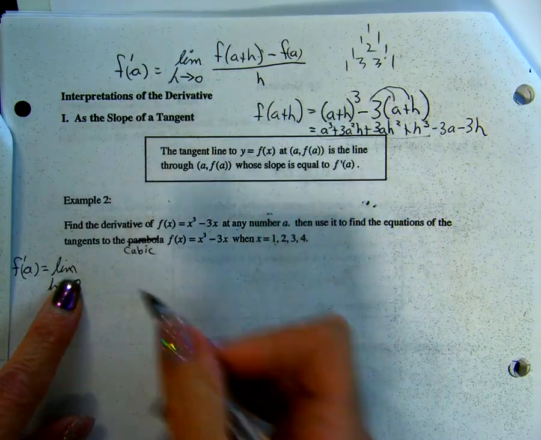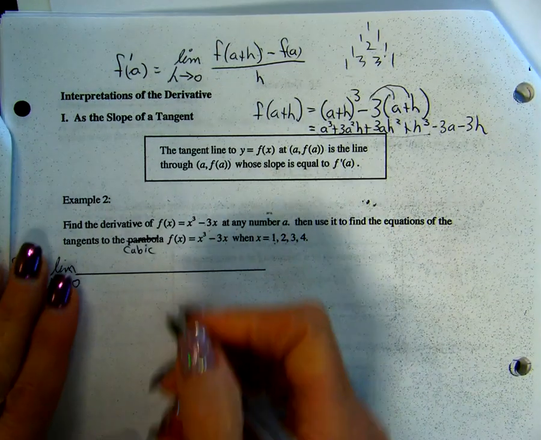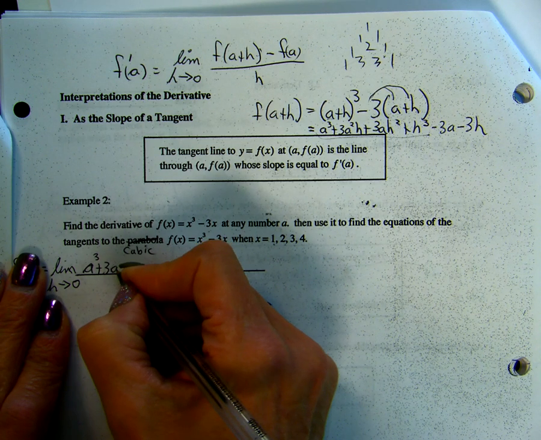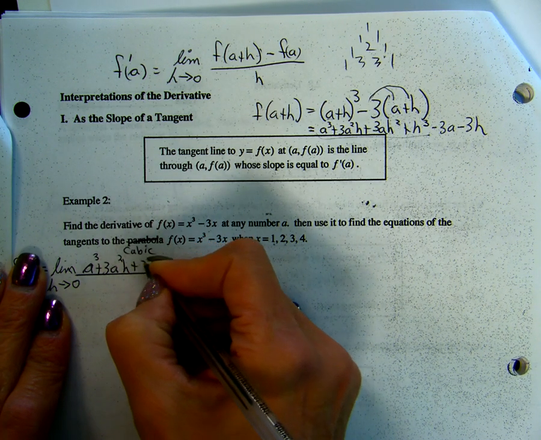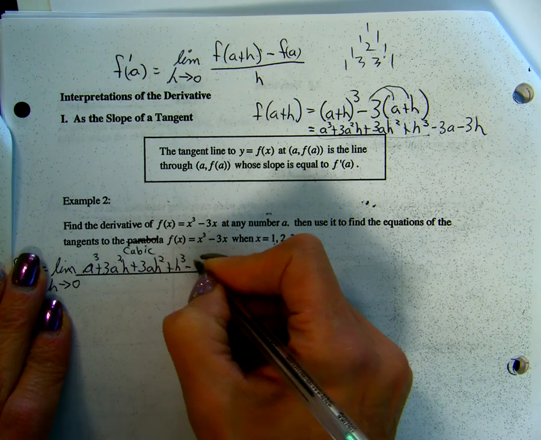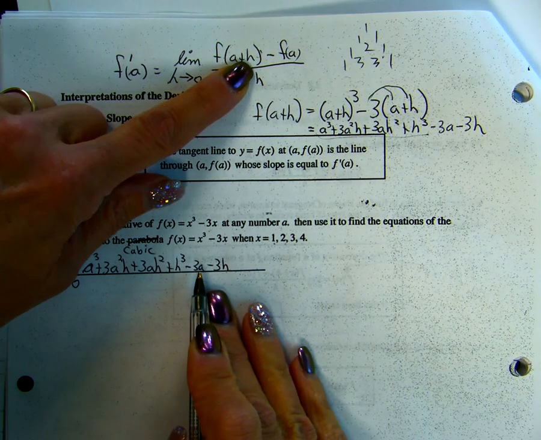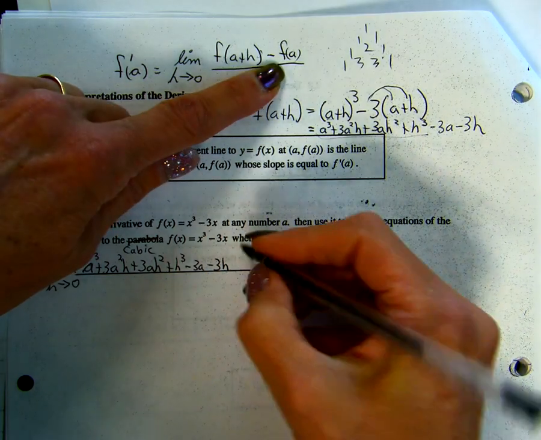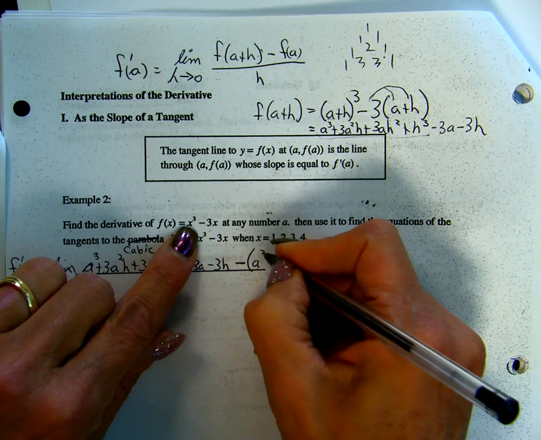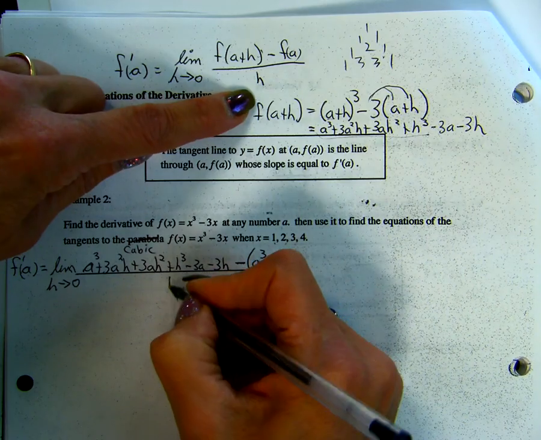So the function at a plus h, I think I better use a ruler here, that's long, is a cubed plus 3a squared h plus 3ah squared plus h cubed minus 3a minus 3h. So the function at a plus h minus the function at a. So subtract. This function at a would be a cubed minus 3a, all over h.